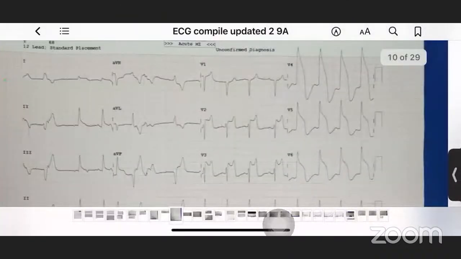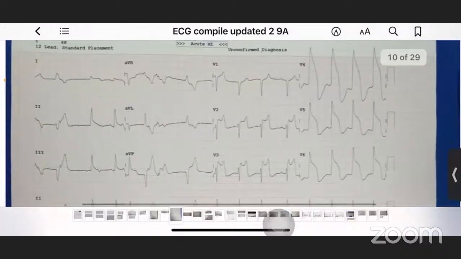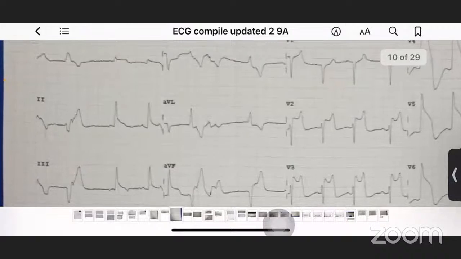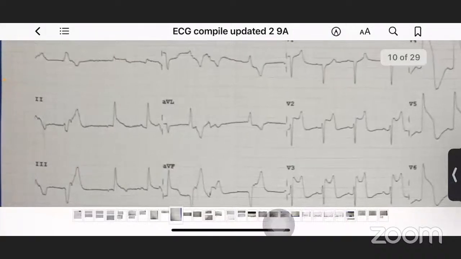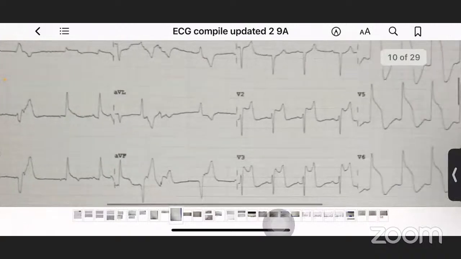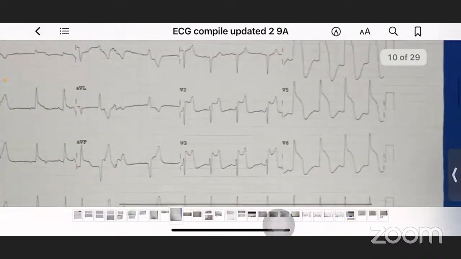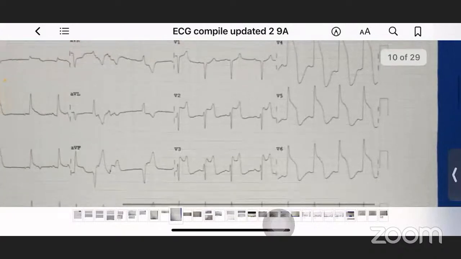Patient has a heart rate of around, so there are 3 big boxes, around 100 beats per minute. The rhythm is regular for me. Good. And there are broad QRS complexes. So I think patient is having a ventricular tachycardia. V4, V5, V6 look like broad complex.